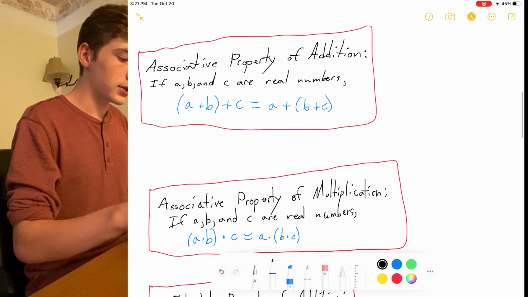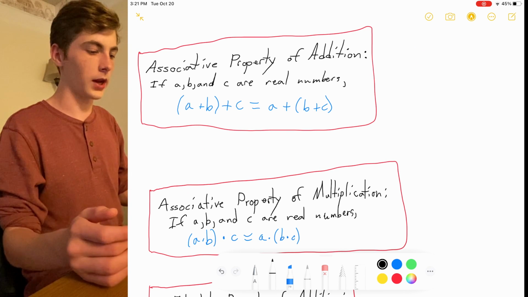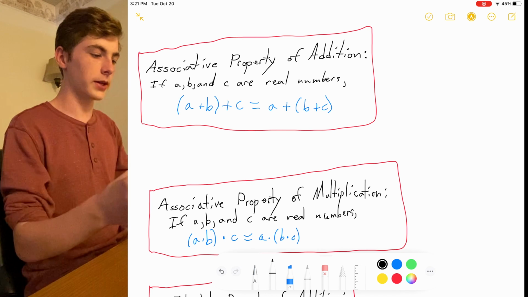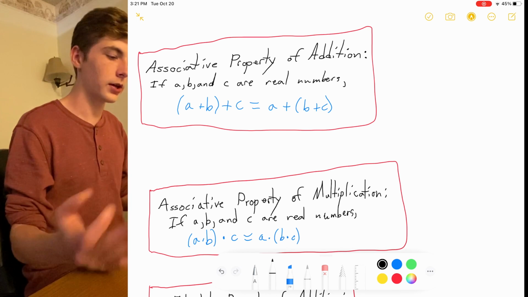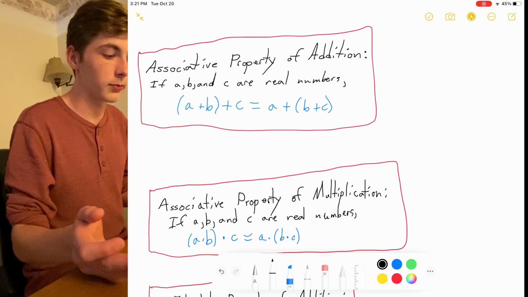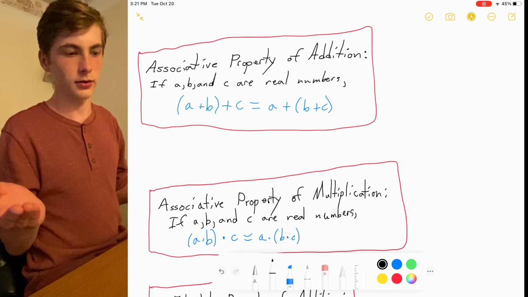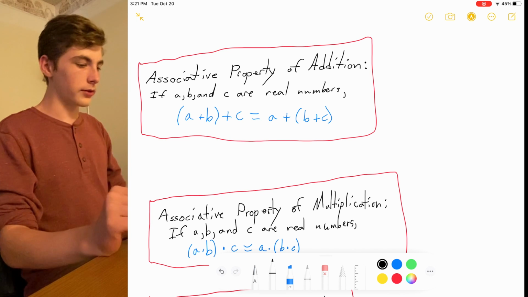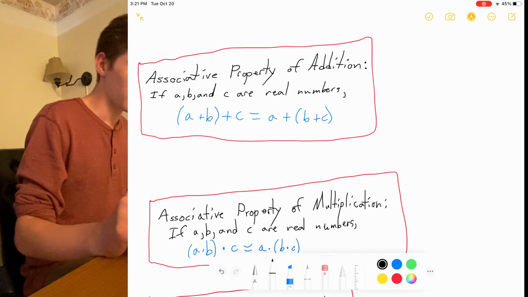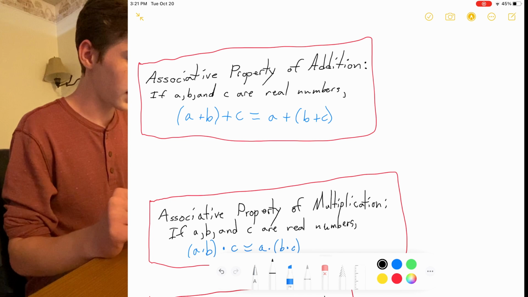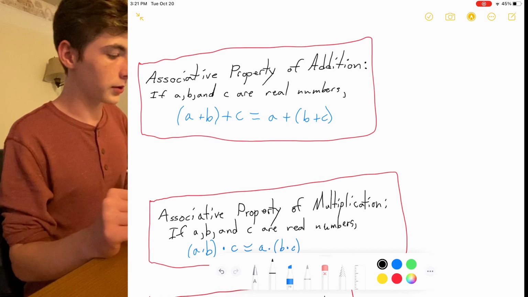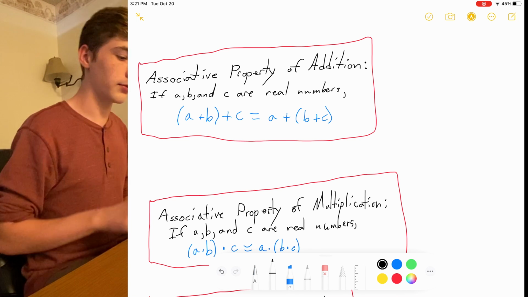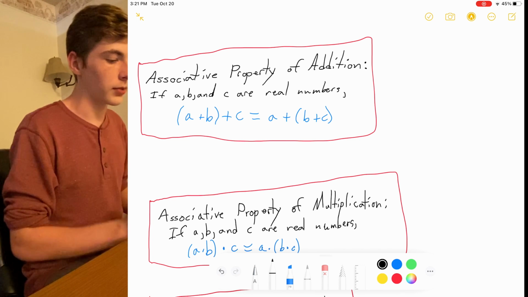Okay, the associative property of addition. I know I'm moving through these really quick, but I have them all written down. You can write them down yourself if you need to. But I think that everyone already has an intuitive sense of a lot of these. So the associative property of addition tells us that if a, b, and c are all real numbers, then (a plus b) plus c is going to be equal to a plus (b plus c).